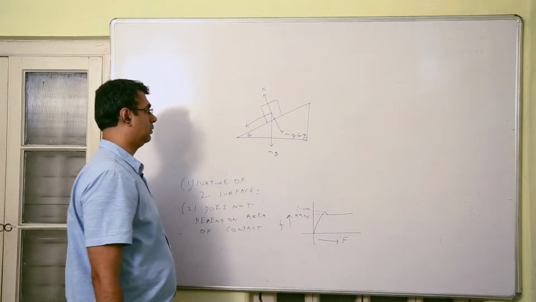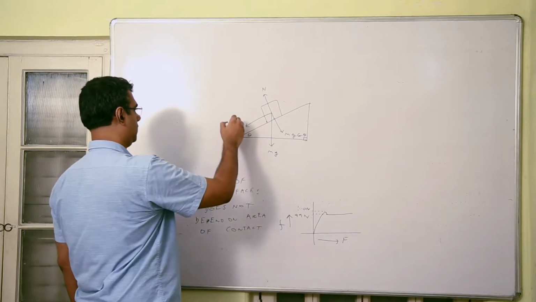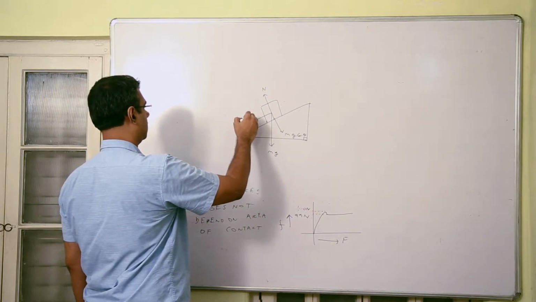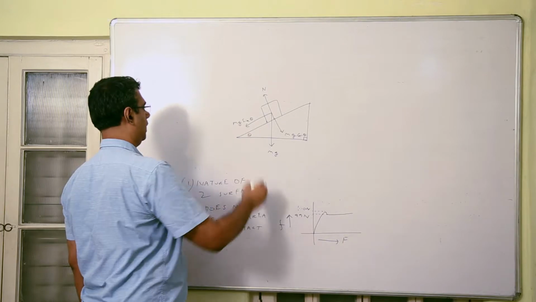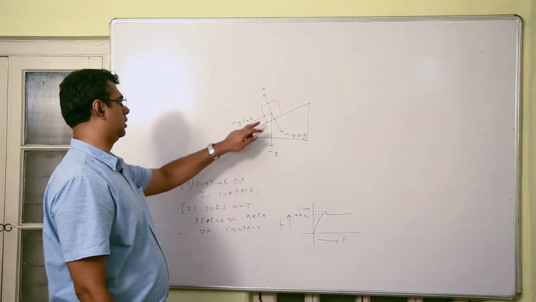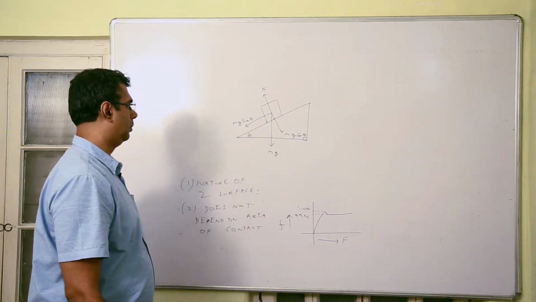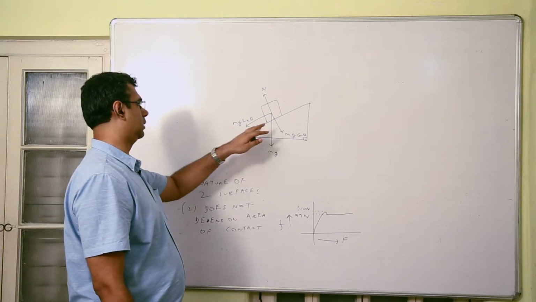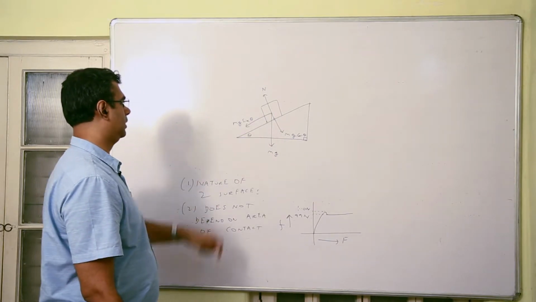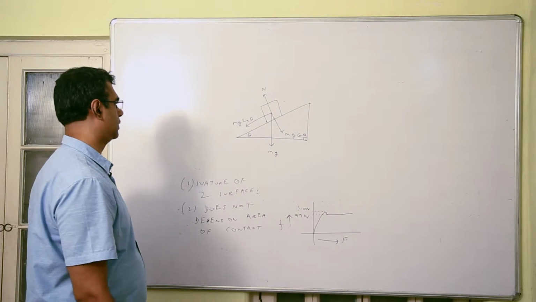So mg will have two components, mg cos theta and mg sin theta. Mg cos theta will act normal to the contact surface and mg sin theta will act parallel to the contact surface.